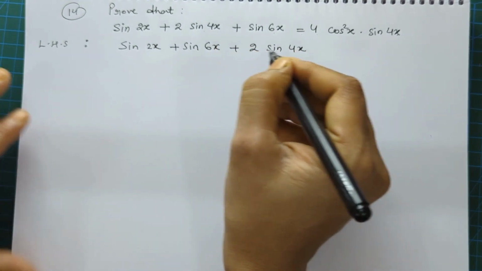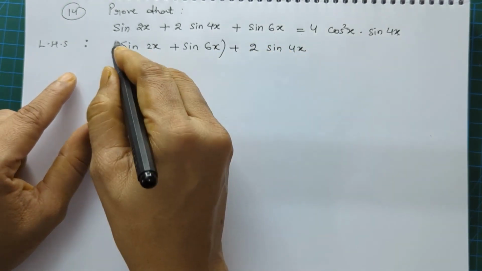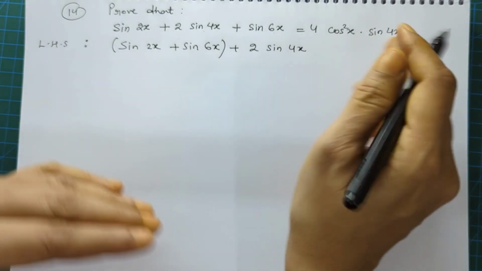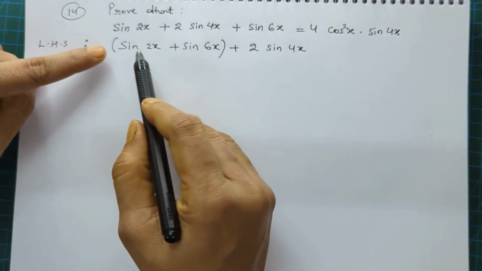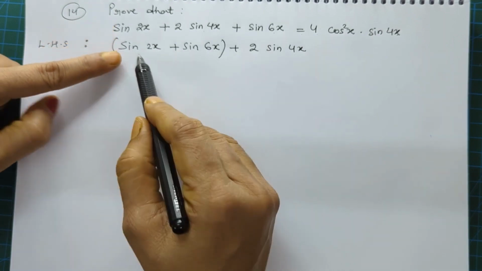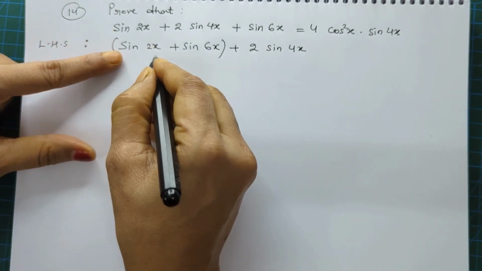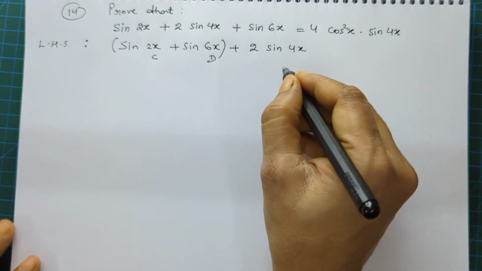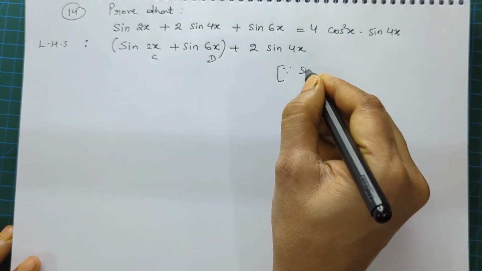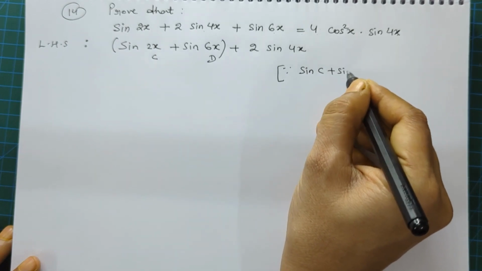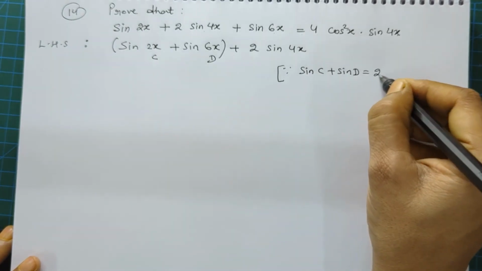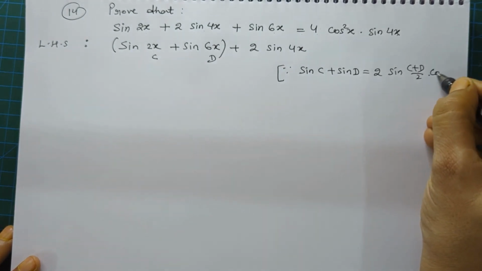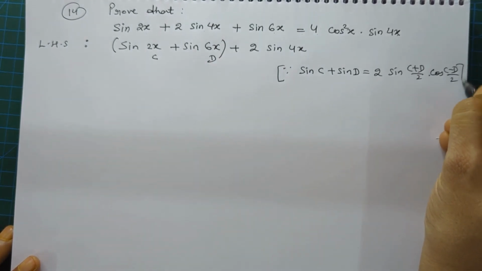Why did we do so? We did so that we can use some identity to simplify, because left hand side on simplification will come to right hand side. Now when we assemble these two together, this appears in the form of sine C plus sine D. Sine C plus sine D is an identity which is twice sine (C plus D) by 2 times cos (C minus D) by 2.